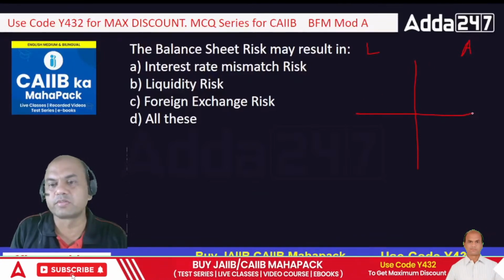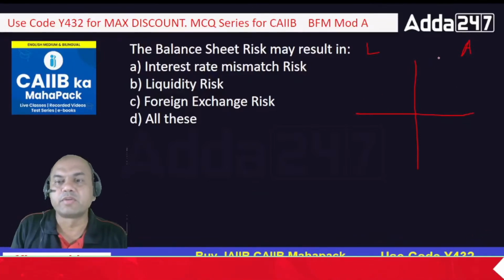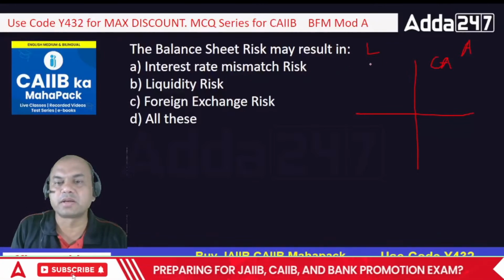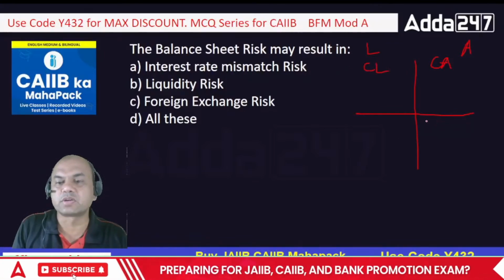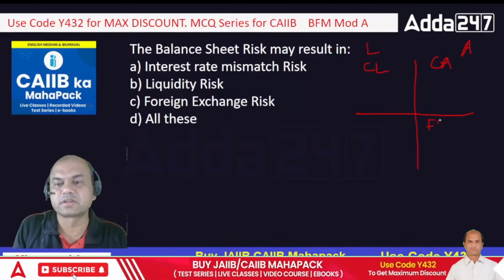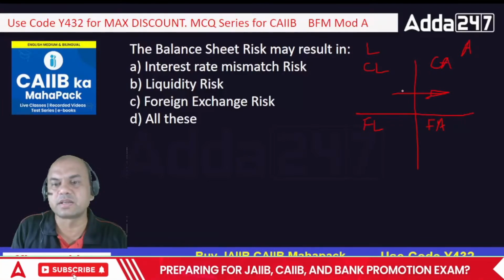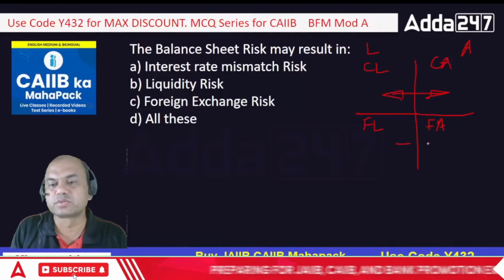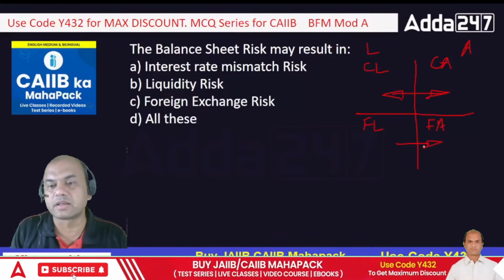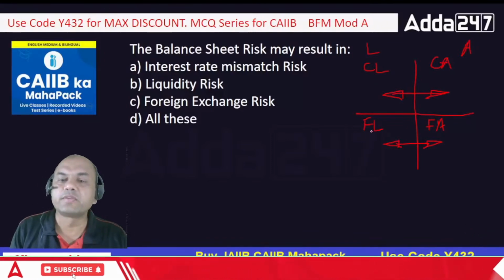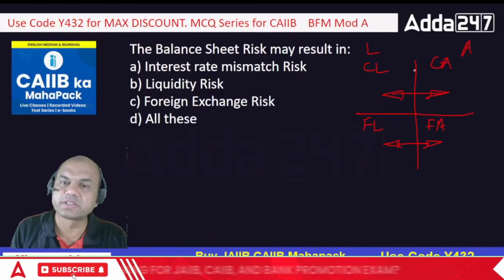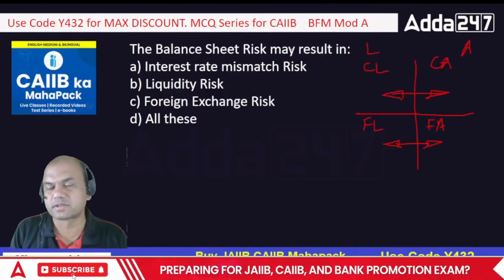There are always four parts of the balance sheet: current assets, current liabilities, fixed assets, and fixed liabilities, or LTL as we call it. Generally the rule is these two should match each other, and these two should match each other. If there is a mismatch between these two, you are at a balance sheet risk.